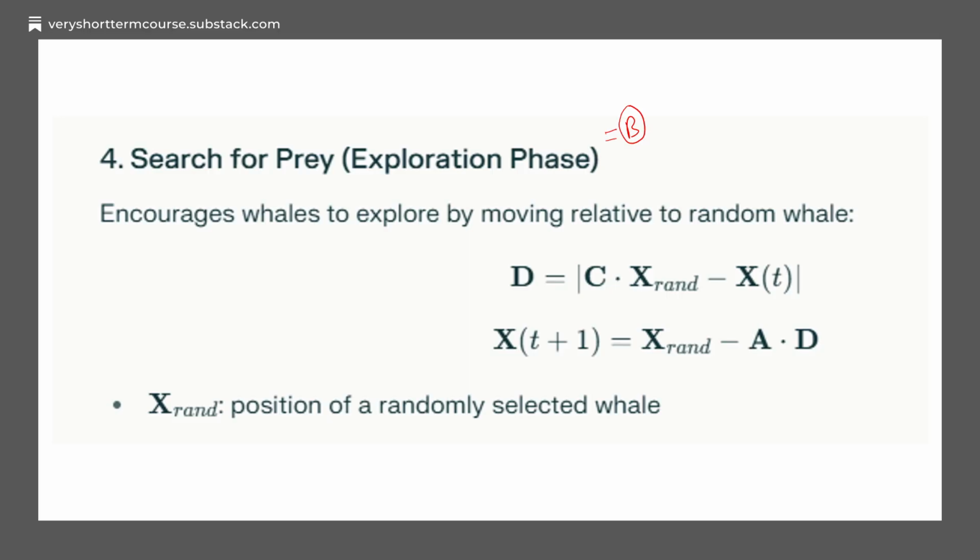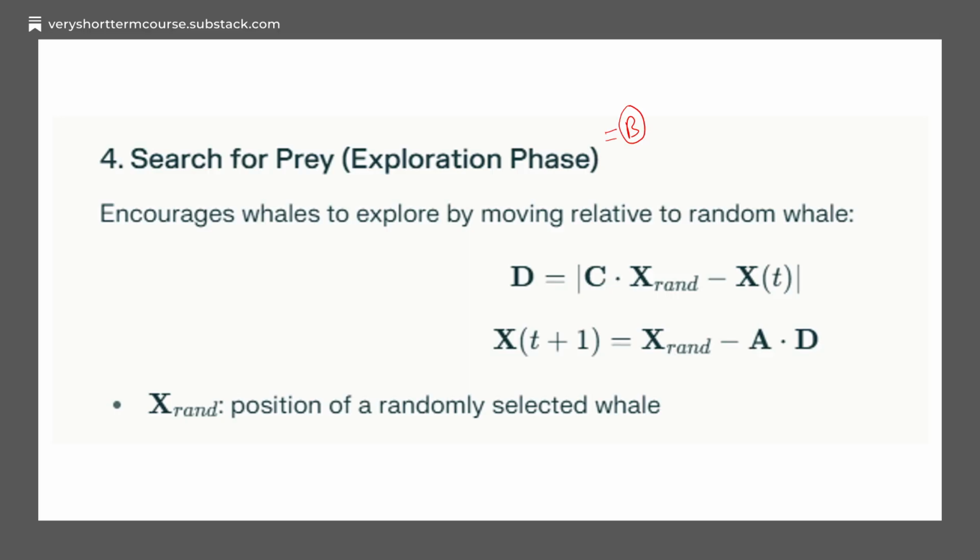So how to follow this? The formula is: D equals C dot X random minus XT. In the previous position updating mechanism, we used the most optimal X up to that iteration. Now here we use an X which is randomly selected or randomly generated.